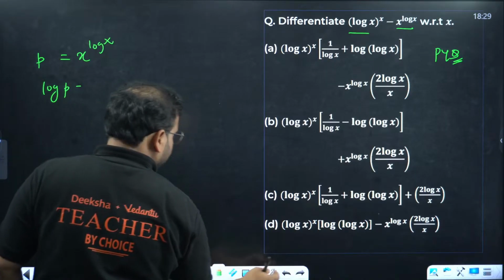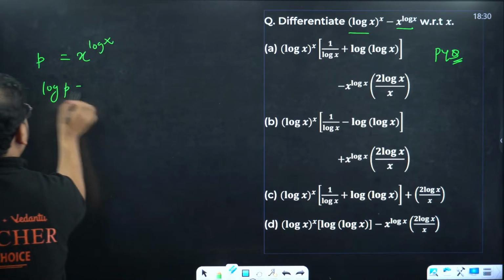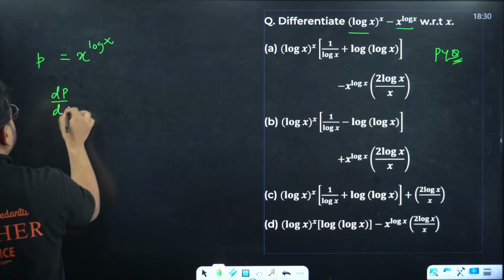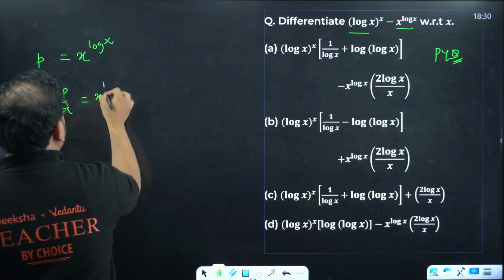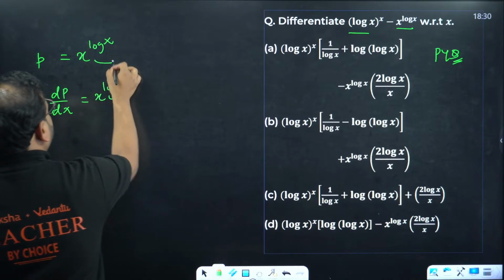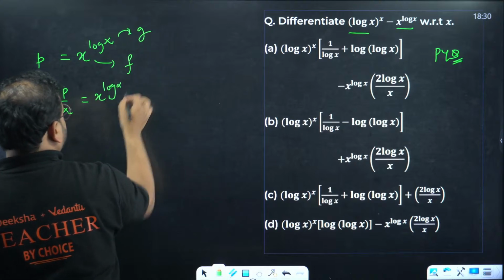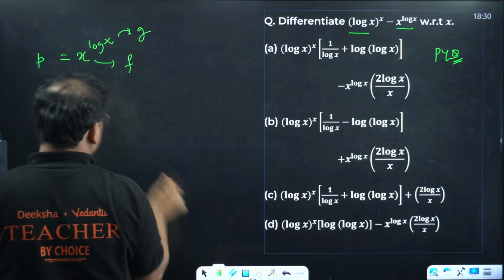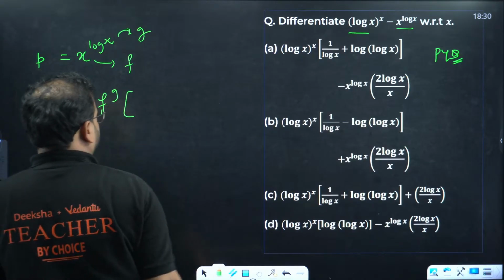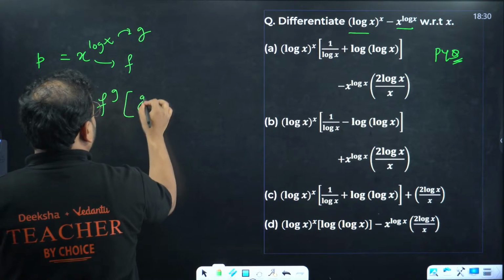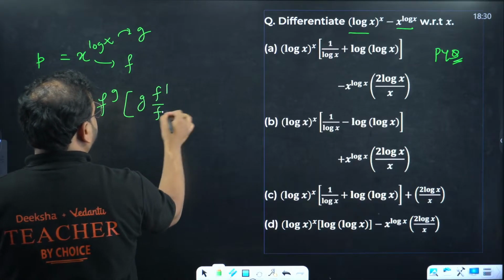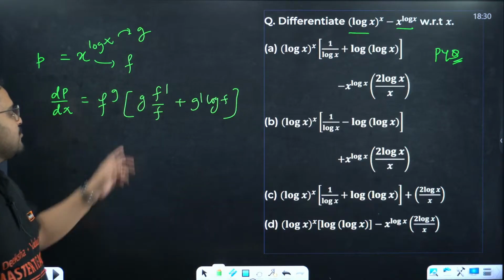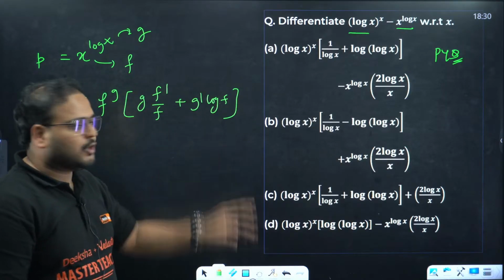Actually, if you remember the formula, it'll be much faster. The formula is dp by dx, where p is x power log x. If I take this as, let's say, f and this as g, then we'll have f power g times g times f dash by f plus g dash log of f.